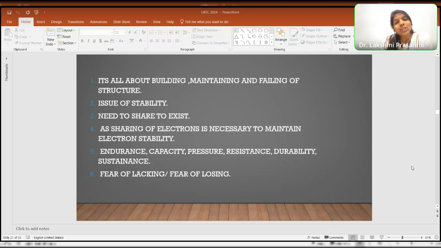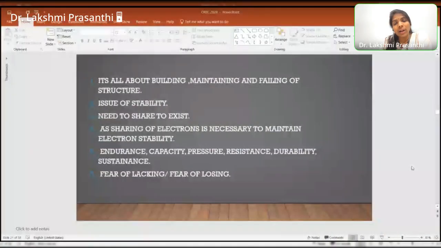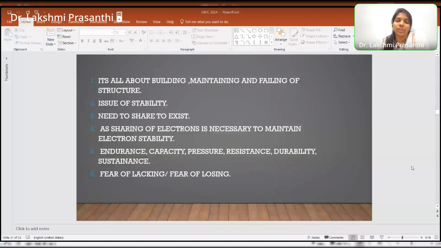So the whole story revolves around building, maintaining, and the falling of structure. The issue of stability: to share is to exist. The sharing of electrons is to exist. How you maintain, how you contain that pressure, capacity, resistance is important, with the fear of lacking or the fear of losing.